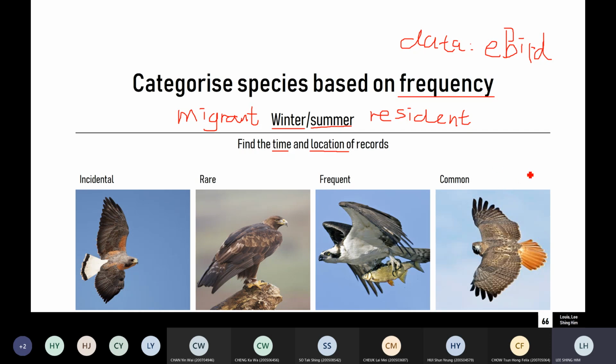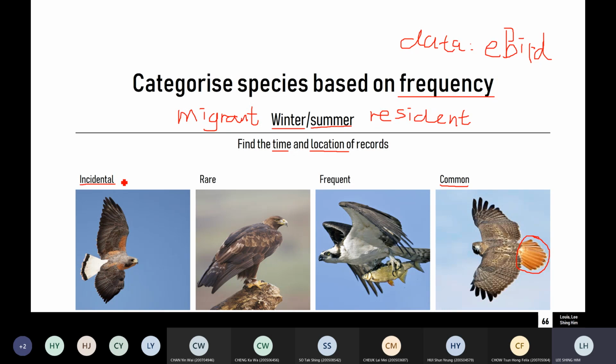So for North America, a very common species in urban is this red-tailed hawk. You see, the tail color is orange to red, so they call it red tail. And then it is very easy to see, so they classify it as common. Okay. On the extreme and on the other end, you see incidental.